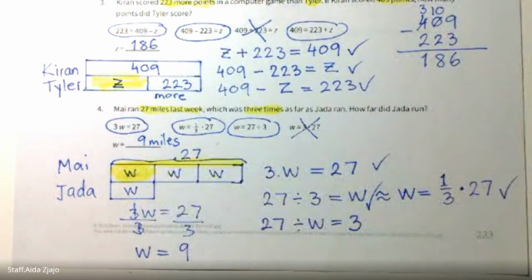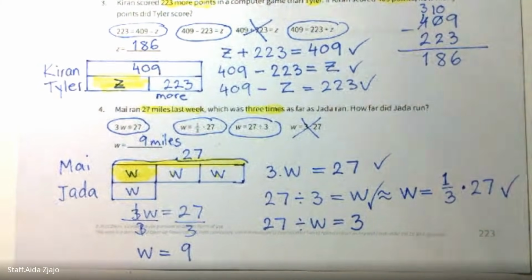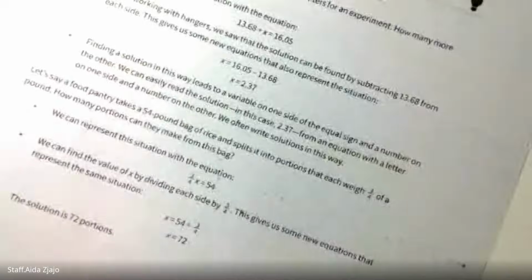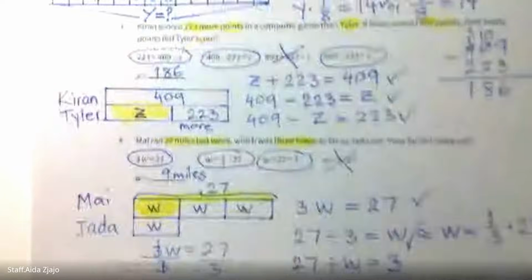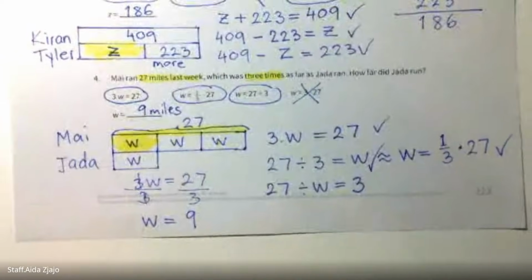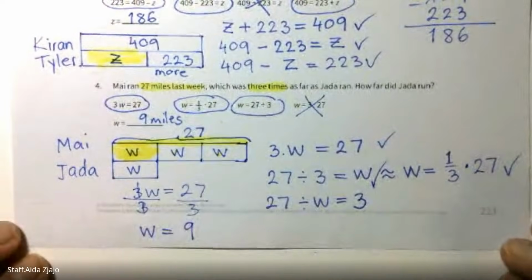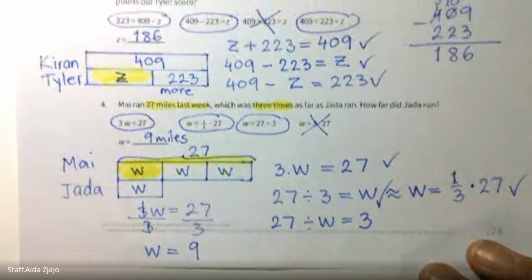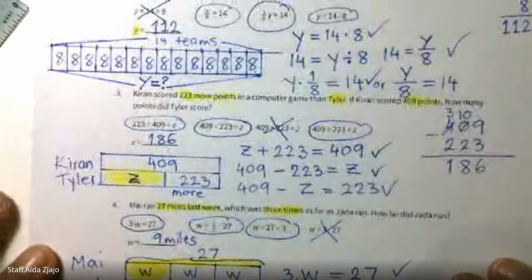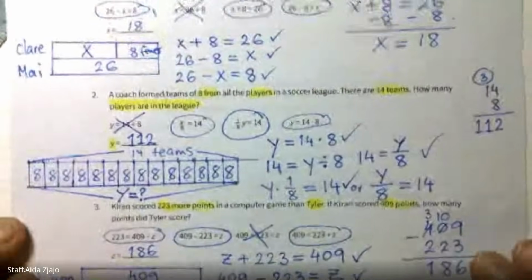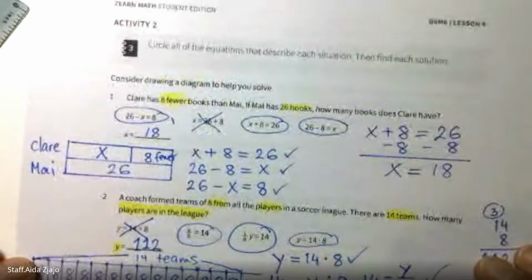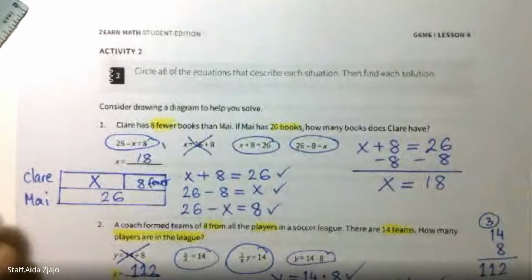W is 9 miles. That should cover this. I hope so, and there is no more. So this is number 4 on that one, and I did this one and that one.